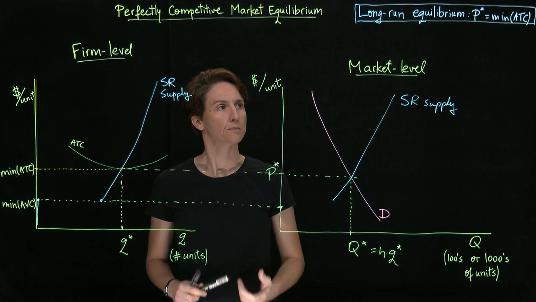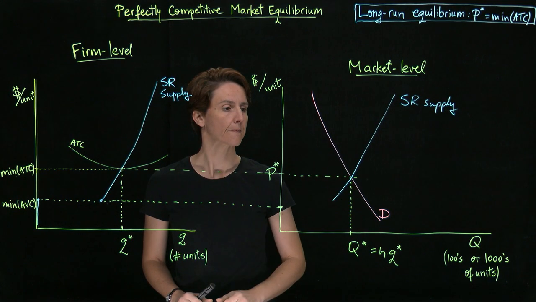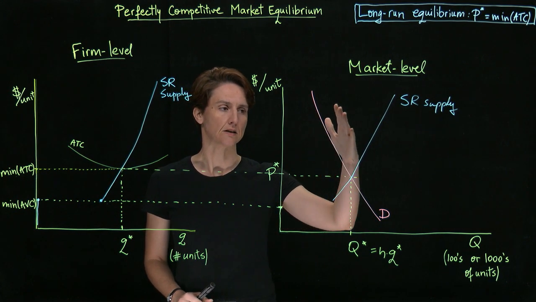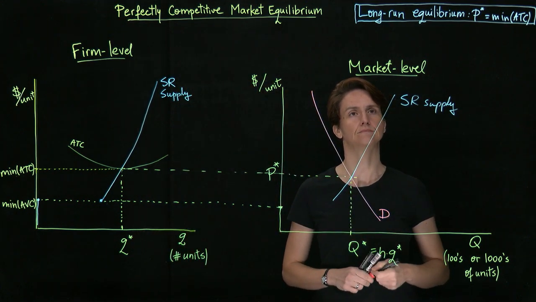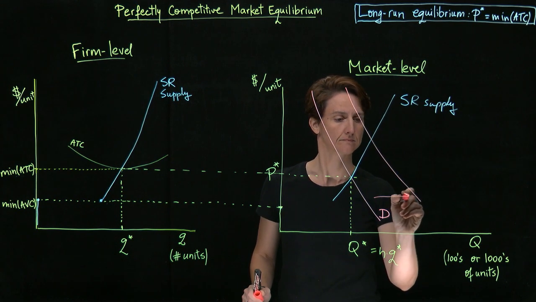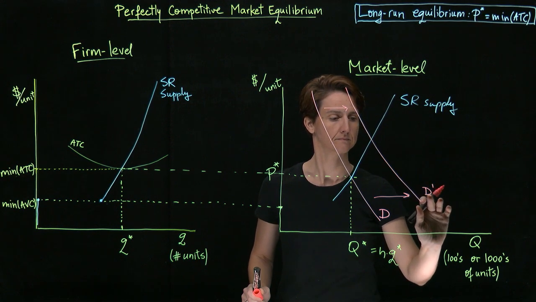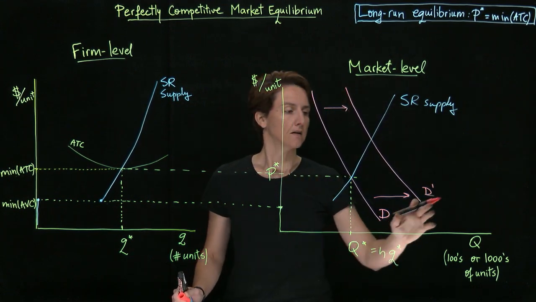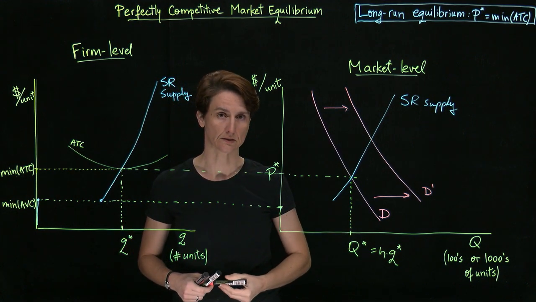So what will happen then if there's a change to the system? Suppose that there's an increase in demand. In the short run, new firms won't have time to enter.